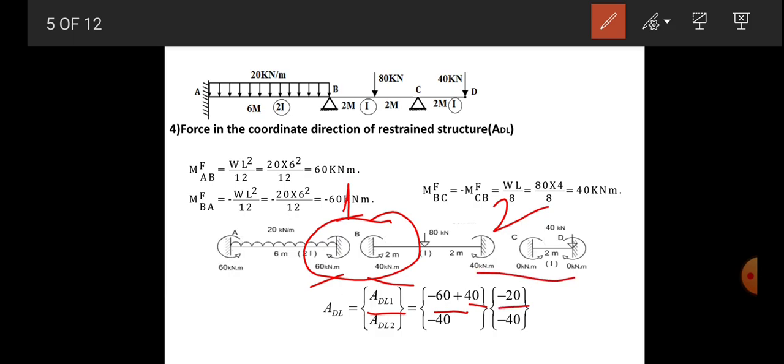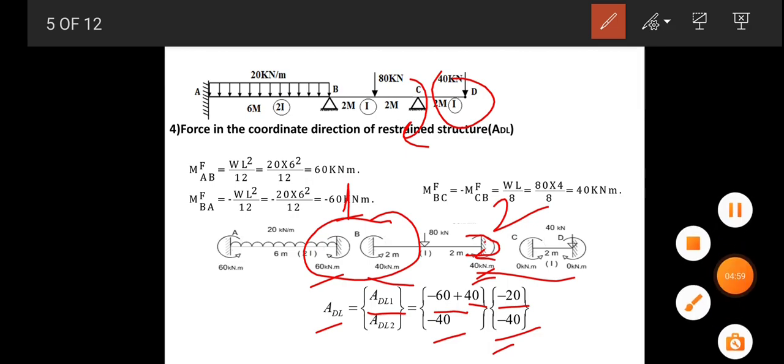And at C it will be 40 in anticlockwise sense, so minus 40 and minus 40. So we have taken the effect of the cantilever over C, and that effect is 40 at C, minus 40 at C. So this is about ADL.